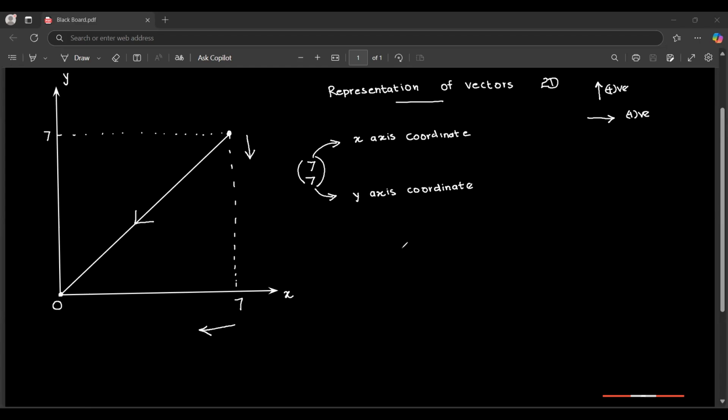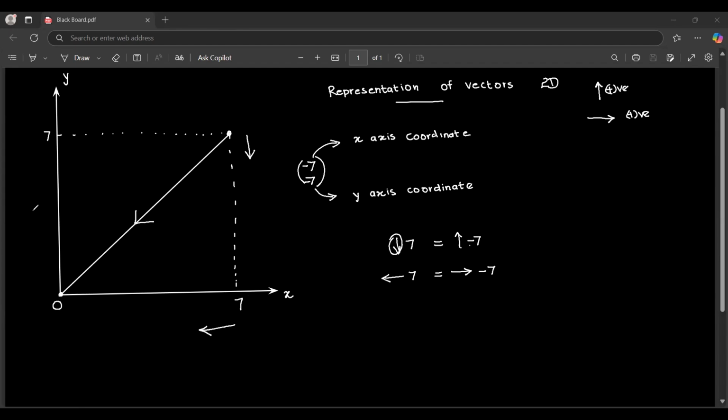Downwards 7 units can be rewritten as upwards -7 units. Similarly, to the left 7 units can be rewritten as to the right -7 units, because these two cancel each other out. So this should be written as -7, -7. Why? We are moving -7 in the x direction and -7 in the y direction. This is the representation of vectors in 2D.